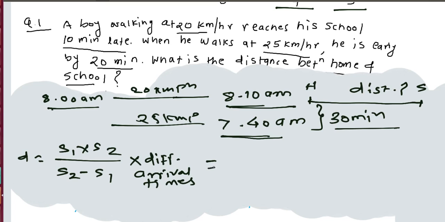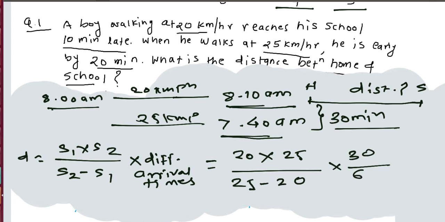So let's substitute the values in this formula. Initial speed is 20 km per hour into 25 km per hour, divided by 25 minus 20, into the difference between arrival times, which is 30 minutes, or 30 by 60 hour.